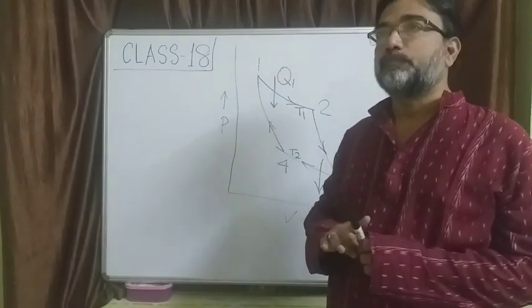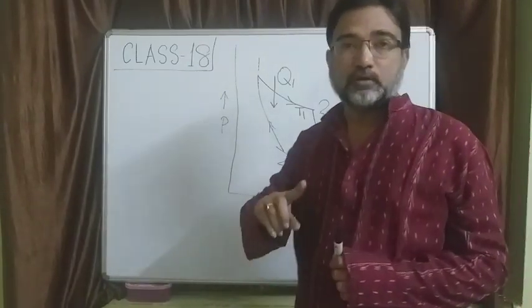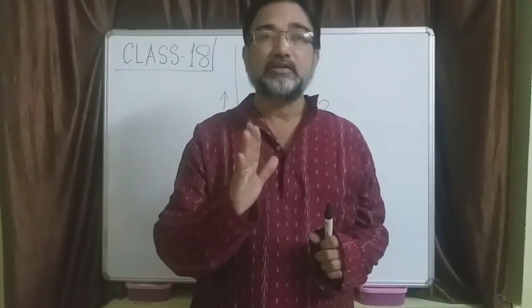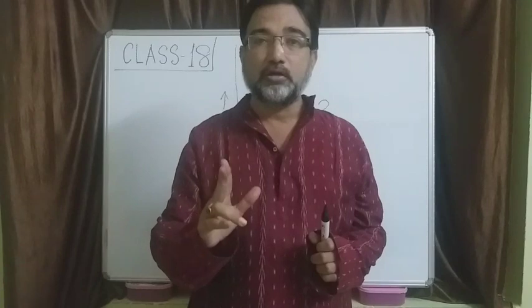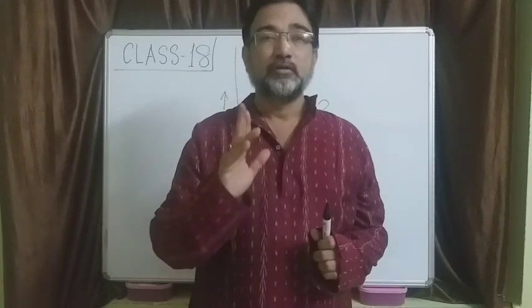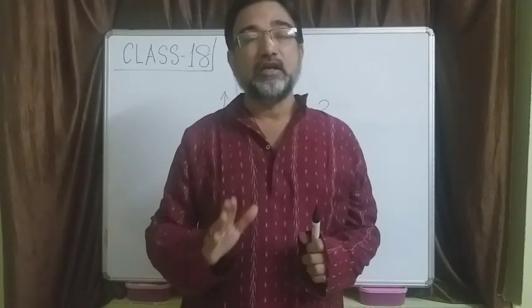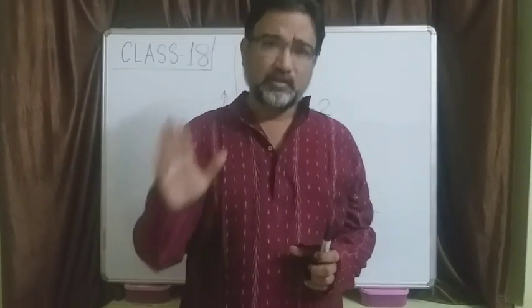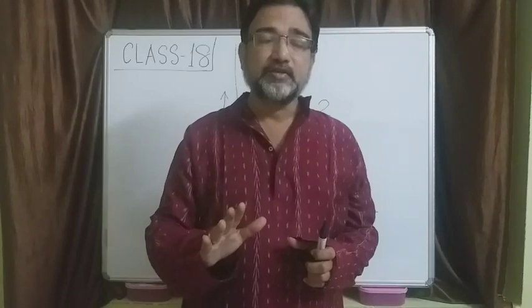Okay. So we learned that henceforth we will not say that the Carnot cycle consists of two isothermals and two adiabatics. We will say very clearly that Carnot cycle consists of two reversible isothermals and two reversible adiabatics.